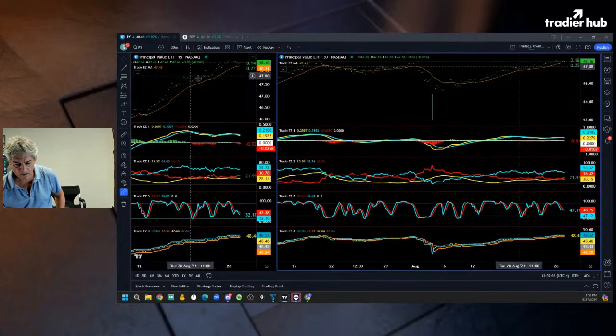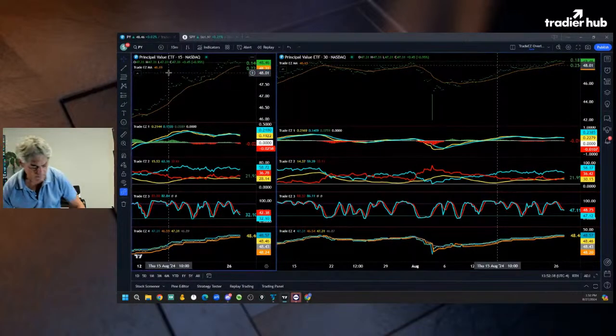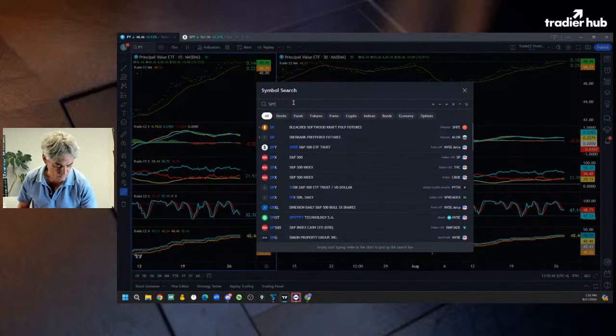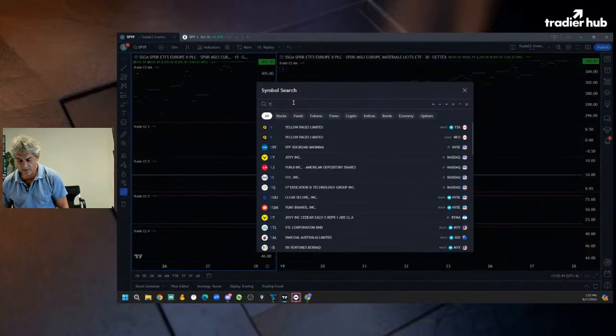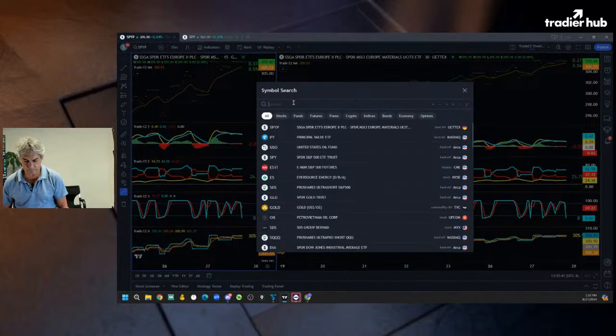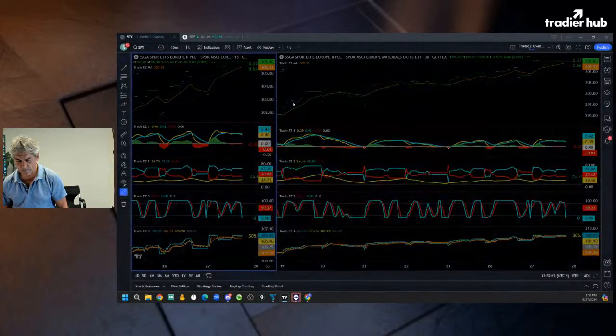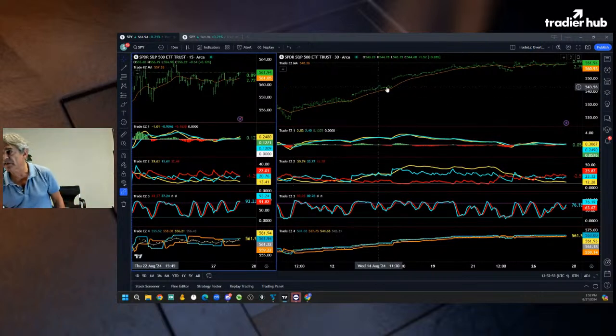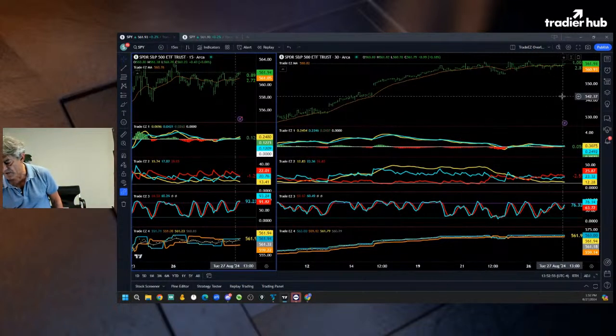Let me just type in SPY. Let's see here. Okay, there it goes. So there's the pullback right here.